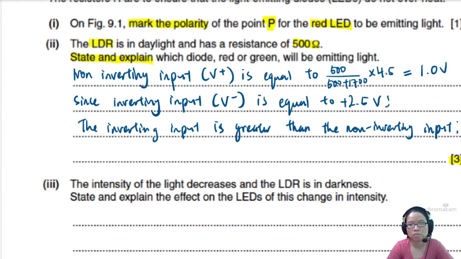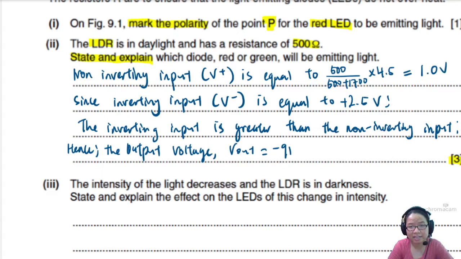So, hence, the output voltage, not the supply, V out is equal to negative 9 volt. So because of this, the green LED emits light. And then there was this anomalous year, so because of the anomalous year, I have reformed my writing a bit. Green LED emits light. Red LED does not emit light.